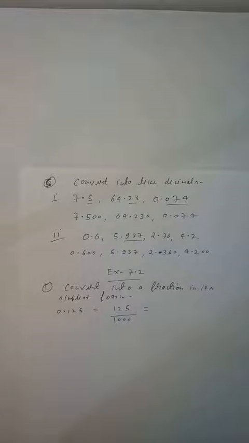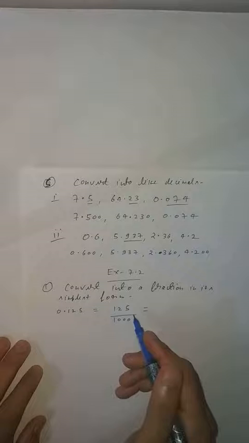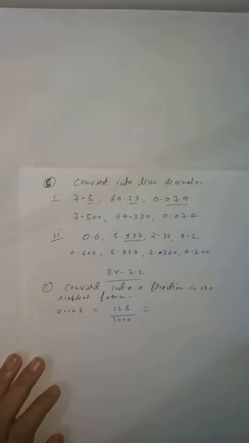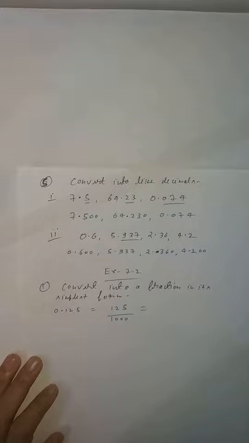How to reduce, student? So see carefully. When you are going to reduce, you have to select a number by which you can divide both numerator and denominator. Now search for the number. Use your brain. It is not divisible by 2, you can see. So always select the number which divides both numbers.